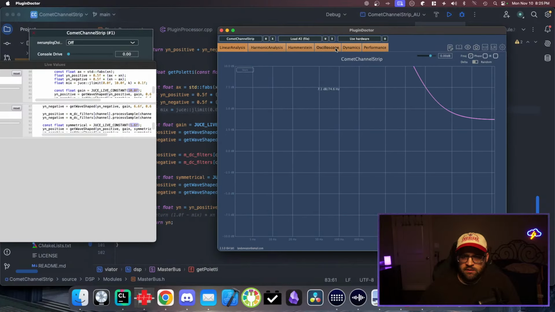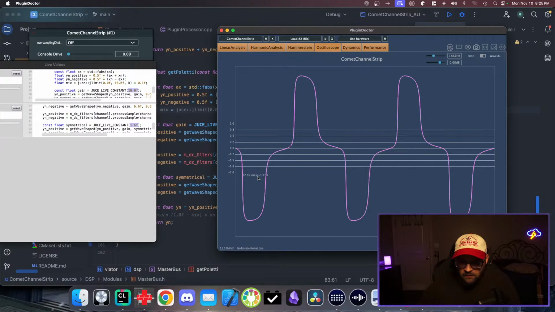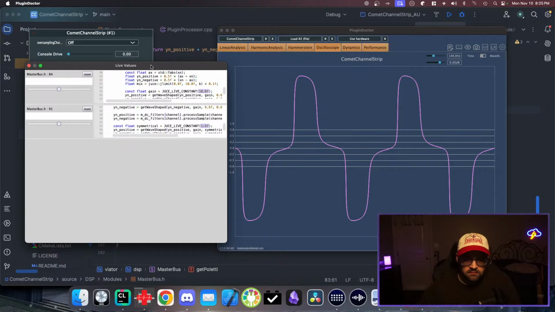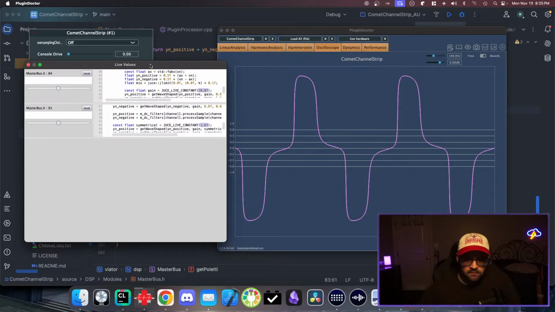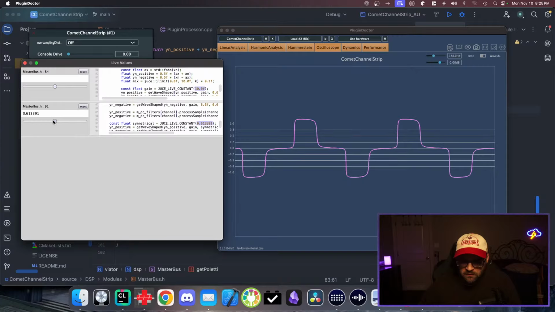Okay, what we got here? See, that's more... This is just too wide, though. Imagine the tops are cut off at -1 and 1. That's kind of what we want, but this is way too much. Let's see. Okay.